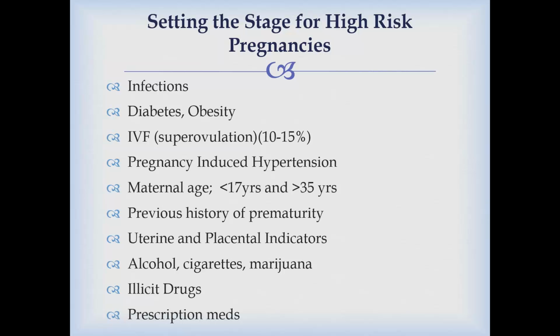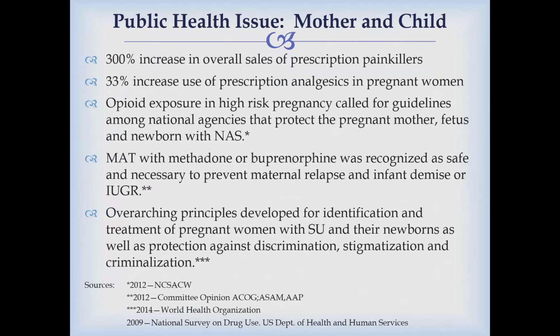Things such as infection, diabetes, IVF, pregnancy-induced hypertension, maternal age, uterine and placental indicators, alcohol, cigarettes, marijuana, illicit drugs, and prescription medications. There is probably not one of those items that impacts the mother that it does not in some way also impact the developing fetus. And we want to talk about that in a little more detail in a few minutes.